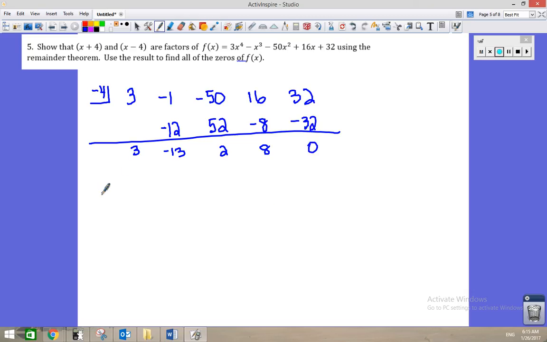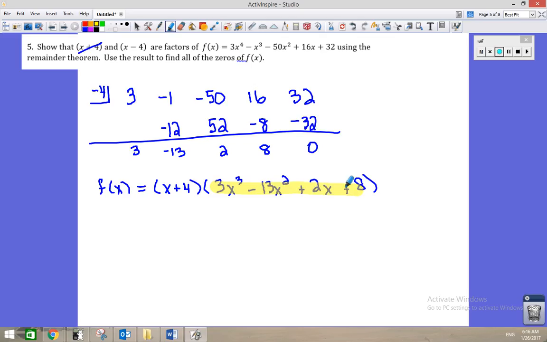So that means that this f of x, that x plus 4 is a factor, and that I have 3x cubed minus 13x squared plus 2x plus 8, and now I can work on factoring this, knowing that I haven't used that x minus 4 is a factor yet.